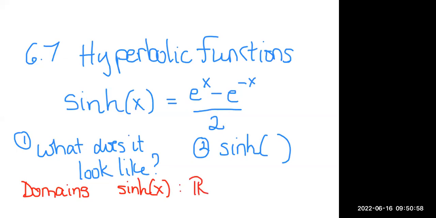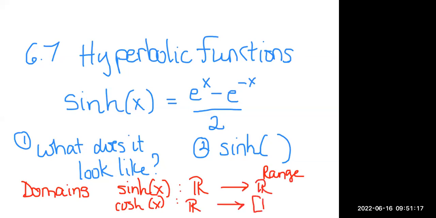And the range is also all real numbers. For hyperbolic cosine, the domain is also all real numbers, but the range is from 1 to infinity.